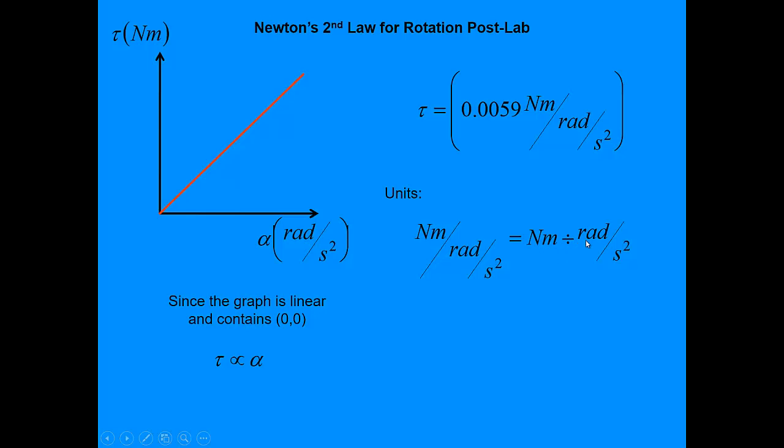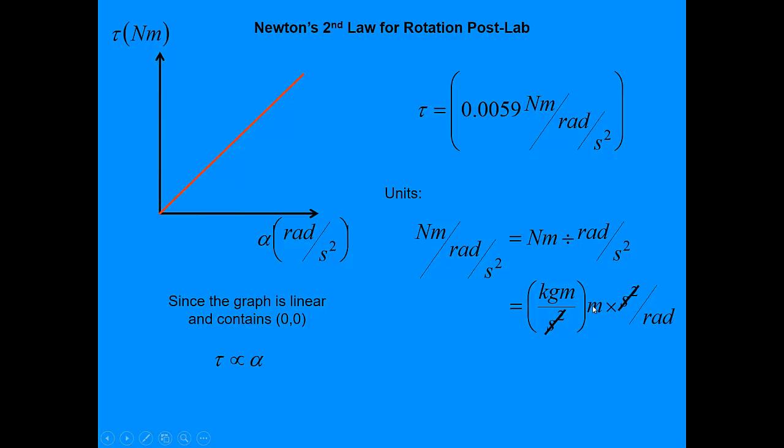Well, dividing by a radian per second squared is the same as multiplying by the reciprocal, a second squared over a radian. So if we plug those both in, replace the Newton with a kilogram meter per second squared, and multiply by the reciprocal, notice what happens. The second squareds cancel.